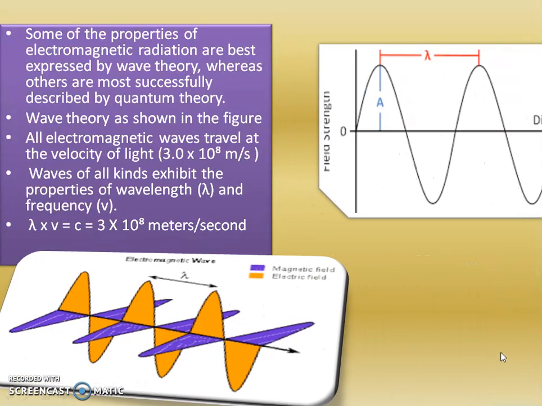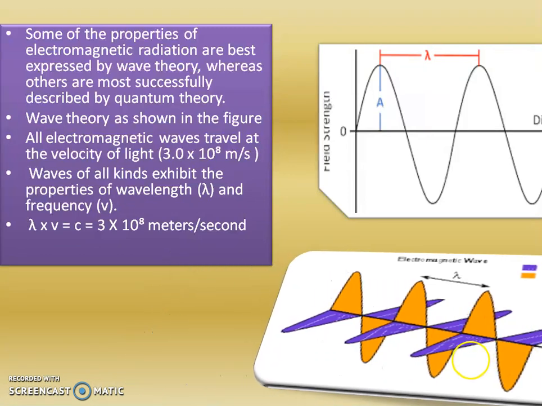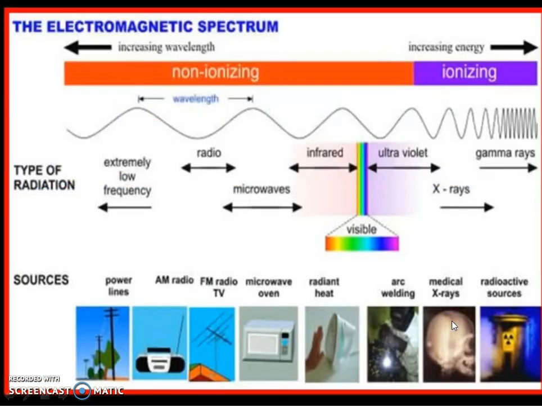Wave theory can be used to explain the properties of the waves. All electromagnetic waves, they travel at a velocity of speed of light. Waves of all kinds exhibit properties of wavelength and frequency, and we have this formula wavelength into frequency is equal to c, that is the speed of light. So these are the wavelength and frequency shown here.